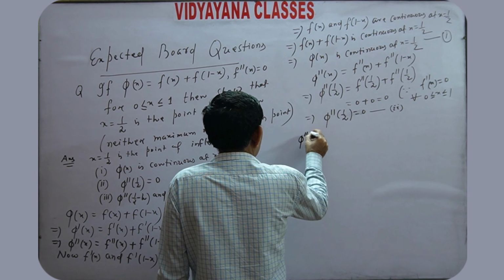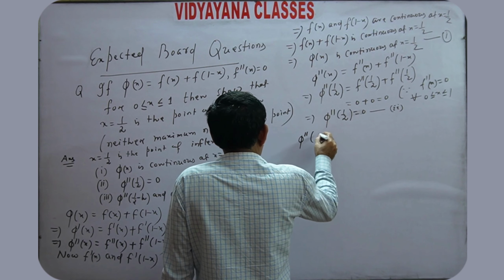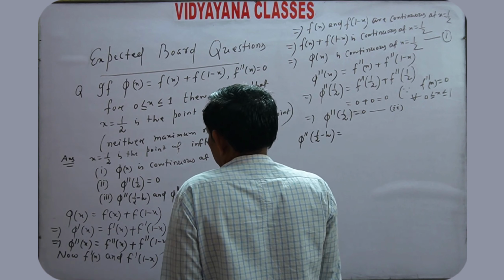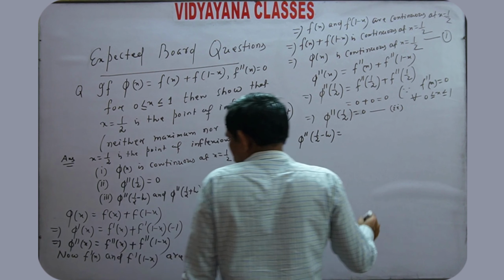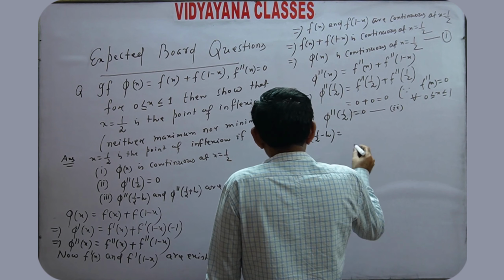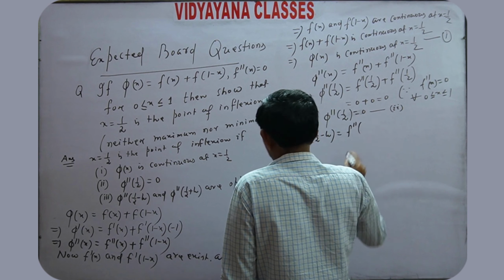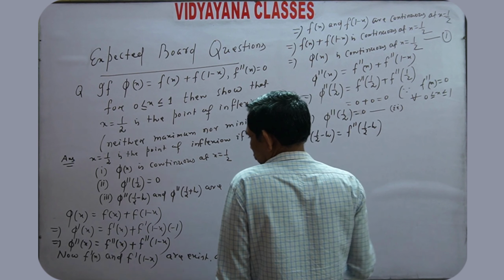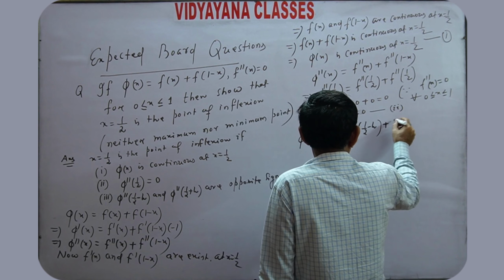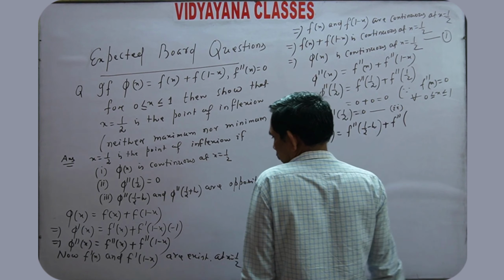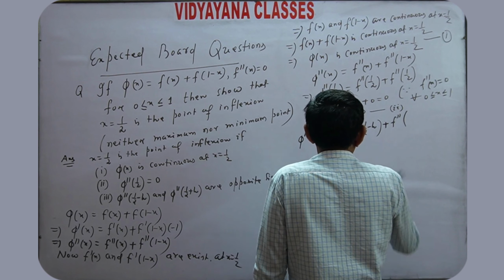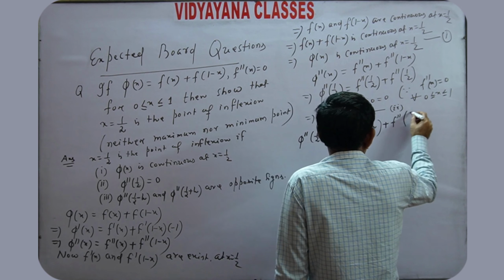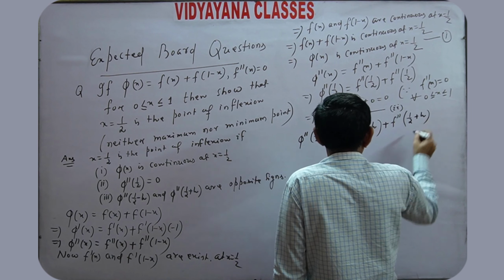Phi double dash (half minus h) is the same as f double dash (half minus h) plus f double dash (1 minus (half minus h)), that is the half plus h.